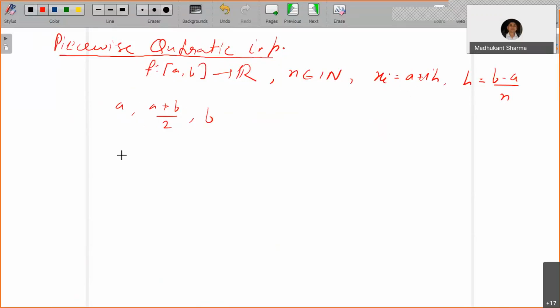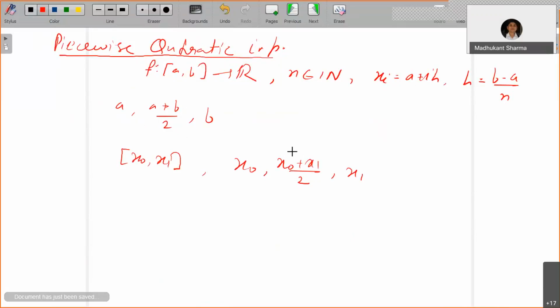If you go with the interval x0 to x1, then we are going to use the points x0, (x0 plus x1) by 2, and x1.